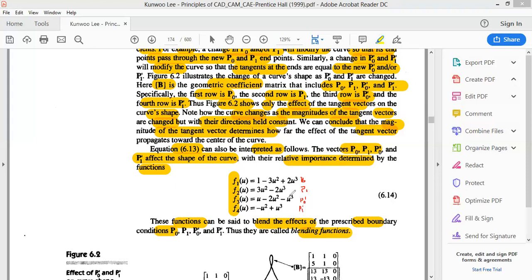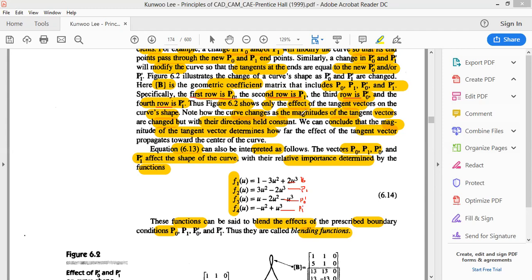So always the last two rows are meant for the derivatives, whereas the first two are meant for the starting and final points of the Hermite curve. Okay. So that is what has been indicated, specifying the first row is for P naught, the second row is for the P1, third and fourth is for the derivatives of this.